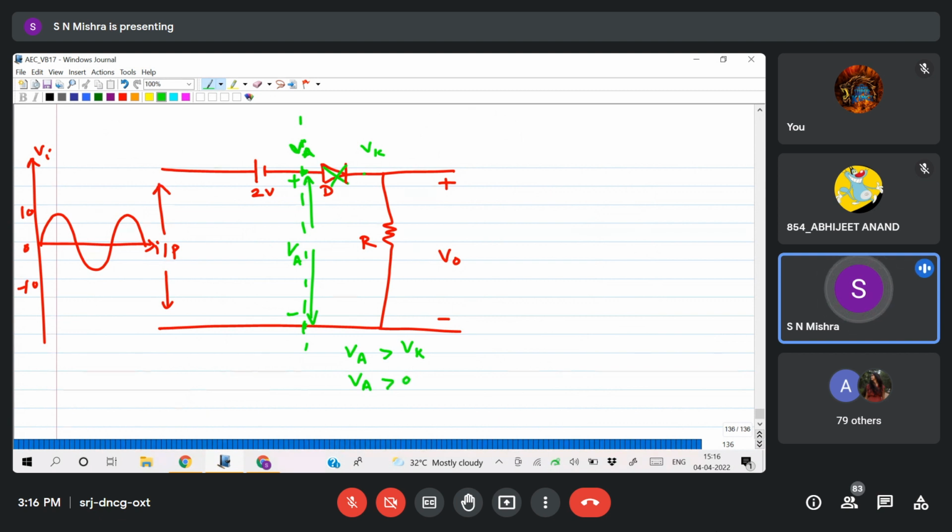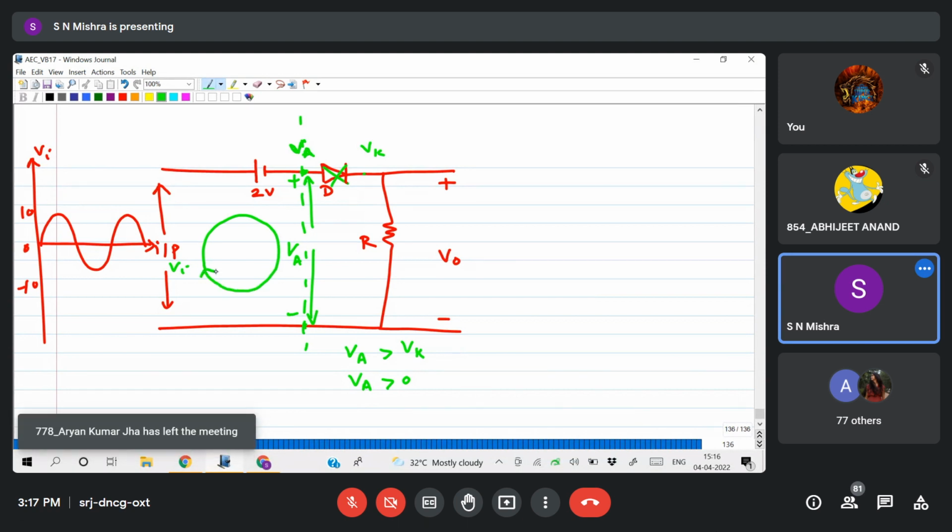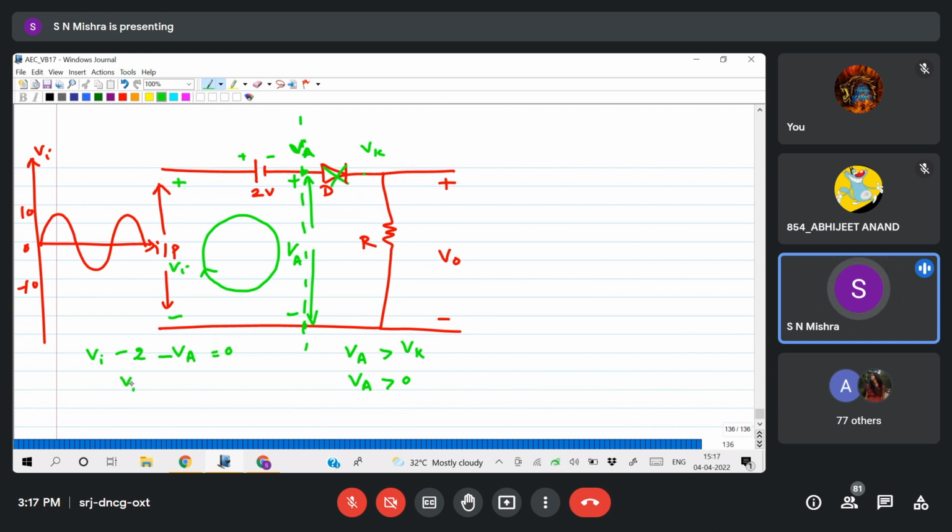Now Va, how to find out? That is the difficulty. Here Vi is the input, so apply KVL in this loop. Plus Vi, minus 2, minus Va equals 0. So Va equals Vi minus 2.